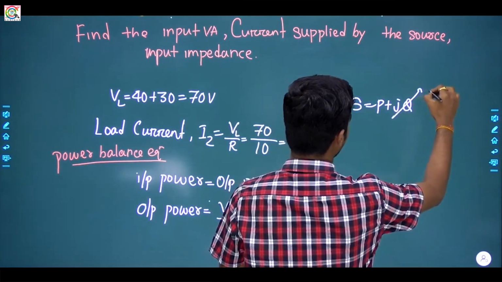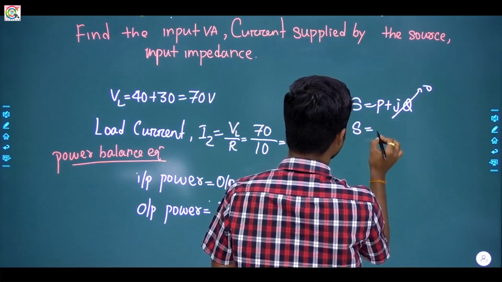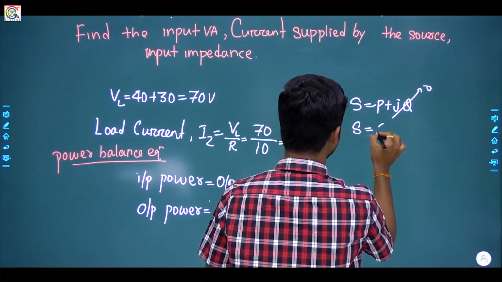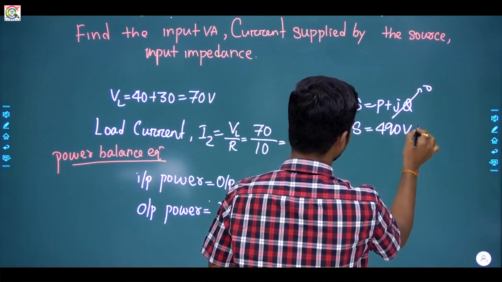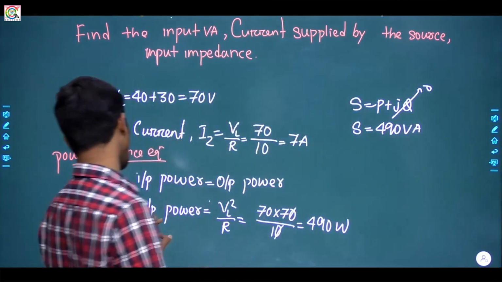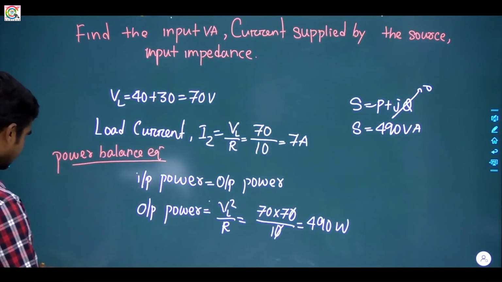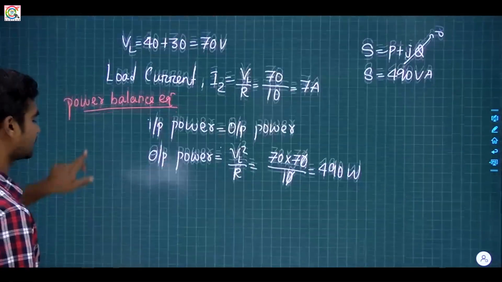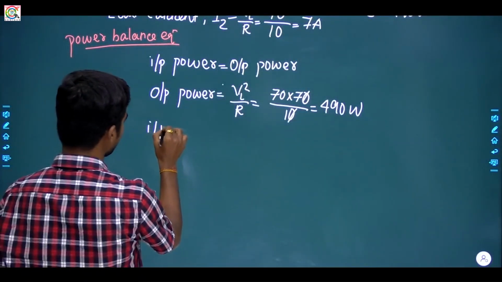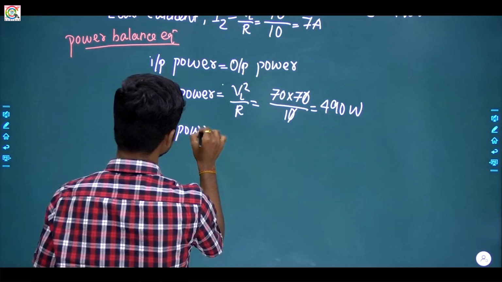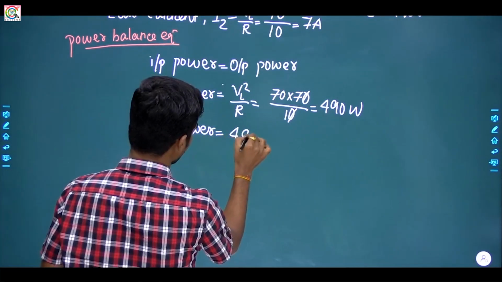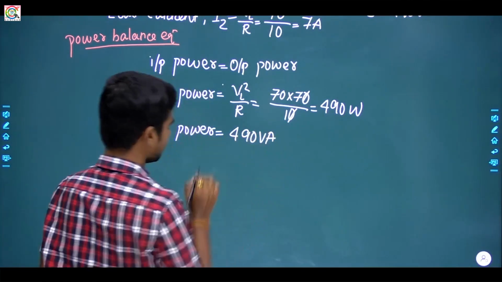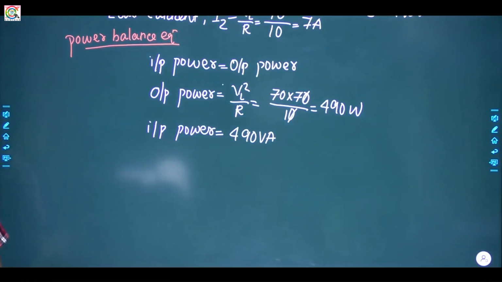Here the reactive power is 0, so the apparent power will be the same as the real power, but the unit will be 490 VA. So the input power becomes 490 VA. Correct?